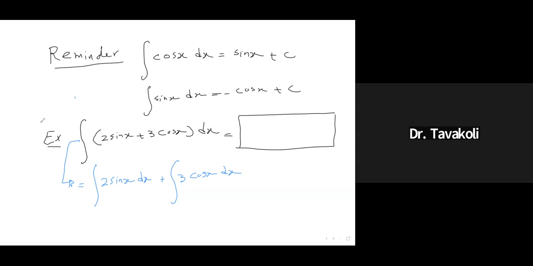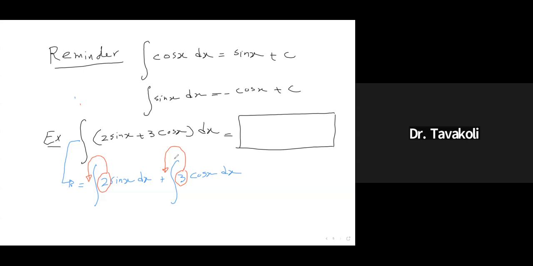As you know, if there is a constant multiplied by a function, the constant can be pulled out of the integral. This is one of the properties that you have seen in more details in Calc 1. The same thing for this integral. 3 is a constant, so it can be pulled out of the integral.